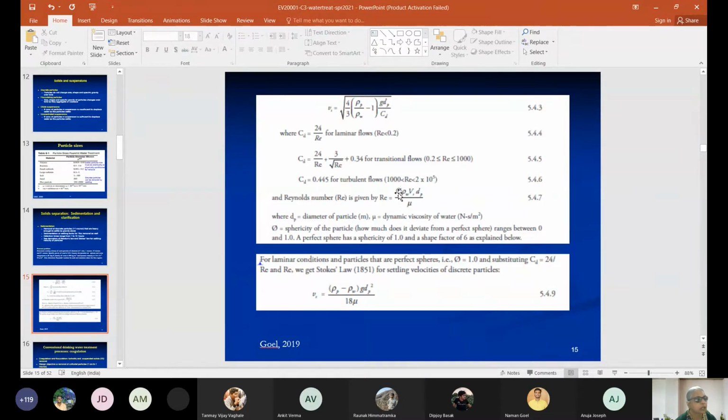So you have phi. Phi is the sphericity of the particle. Rho w is the density of water. v is, this should be small v, not capital V. This is the settling velocity. I'm sorry.